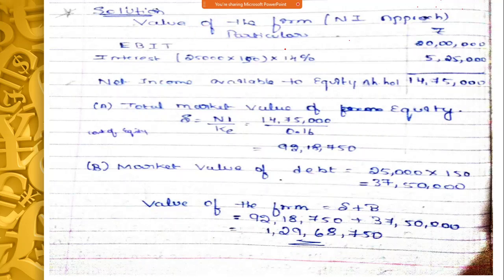So we have the particulars, and in the amount column we would be representing in terms of rupees.